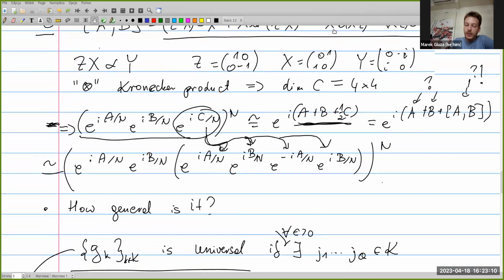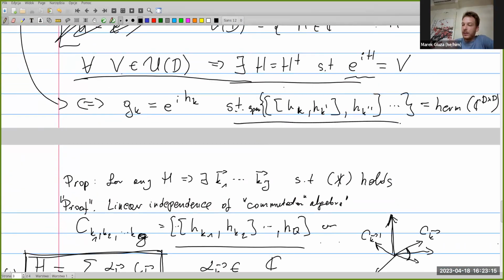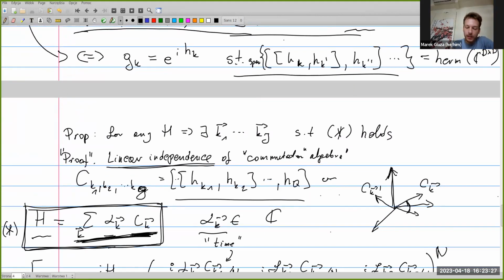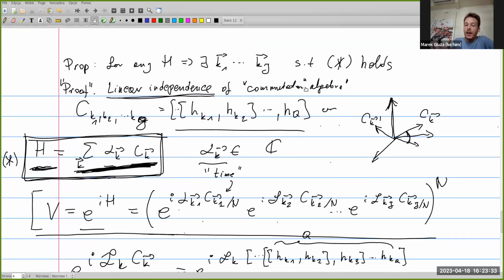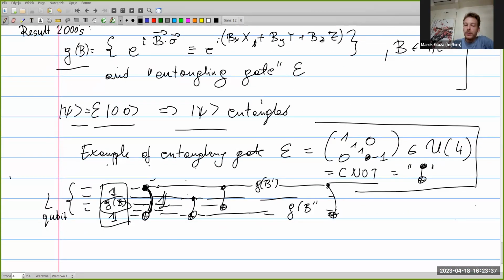And if you generalize this, there's a lot of work, and you need to have good notation. Today I have a very bad notation. But if you generalize this, then nesting those commutators creates at some point a linearly independent set, which means that there will exist a combination of those commutators so that I can express everything here. And we can have any entangling gate because getting linear independence is easy.